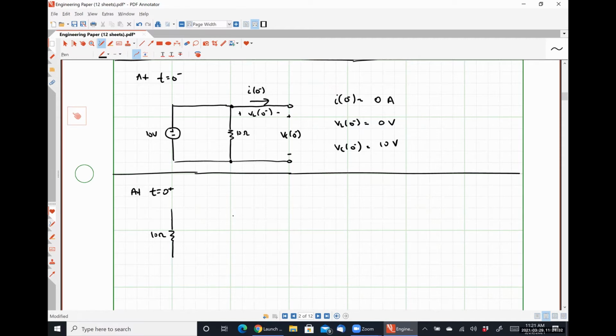Our capacitor is going to be replaced with a voltage source having the same polarity as VC and the same magnitude. And what am I going to do with my inductor here? I know that my inductor current can't change, so if it was 0 amps, it needs to continue being 0 amps. So how am I going to represent that? Open circuit.